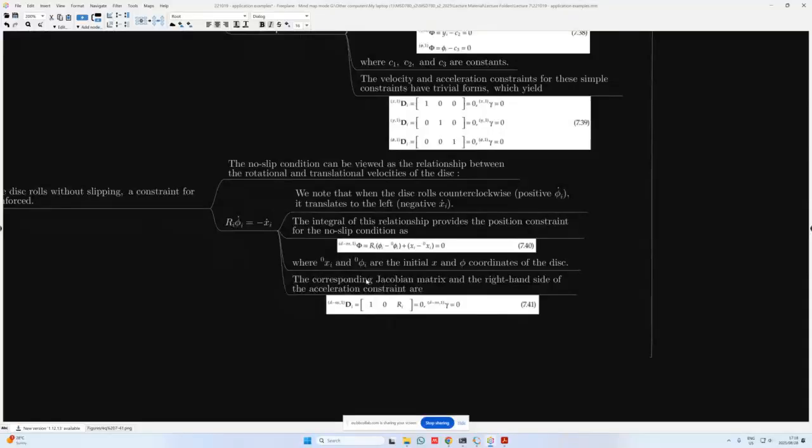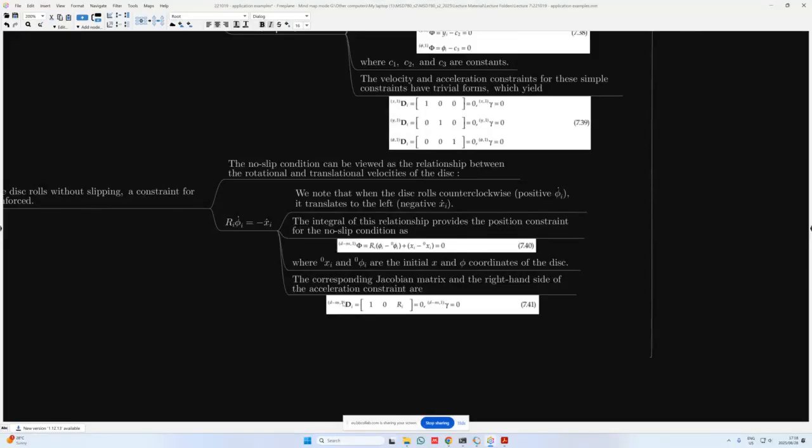The corresponding Jacobian matrix and the right-hand side of the acceleration constraints are then given in this form over here in 7.41. So you'll see we're working with a Jacobian of body I. We have a superscript, in this case d-ns, comma 1. So this simply means that we're working with a disk joint and the no-slip condition, comma 1.